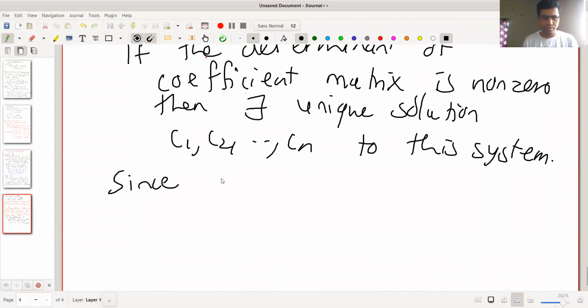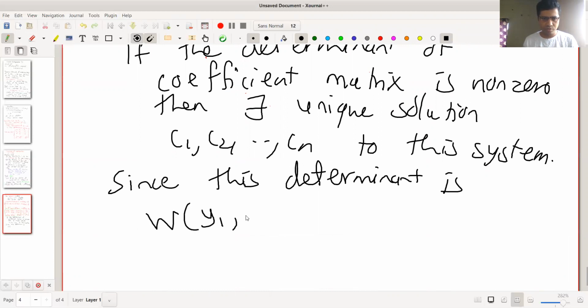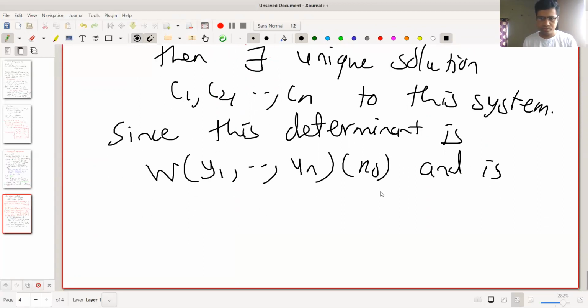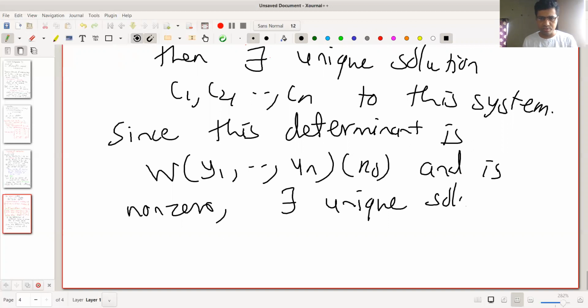Since this determinant is the Wronskian of y1, y2 to yn at x naught and is non-zero, there exists a unique solution C1, C2 to Cn.